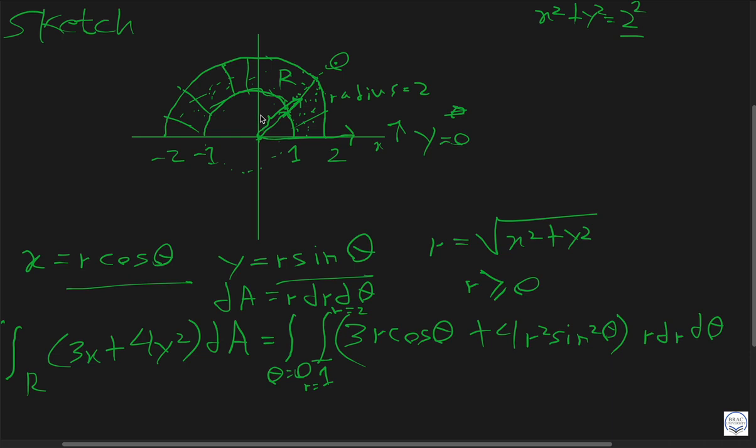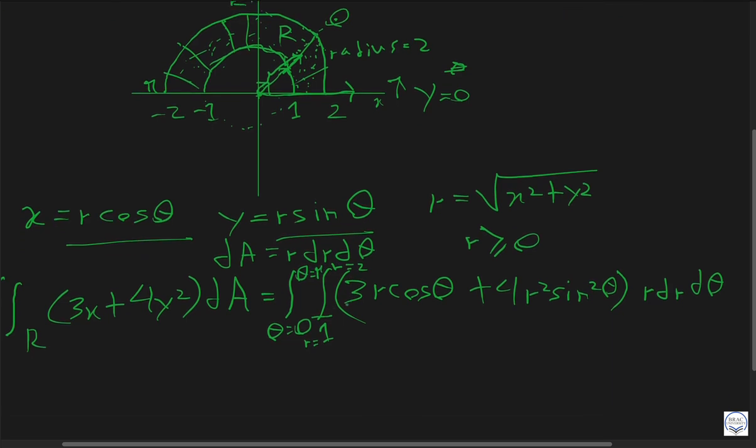In the first quadrant, we'll have an angle of pi by 2, or 90 degrees, but we'll always use radians in calculus. So this is pi by 2. But this is not all of the region. We have another pi by 2, or 90 degrees. So pi by 2 plus pi by 2 is just pi, right? A straight line, 180 degrees. So we have to cover theta equals pi.